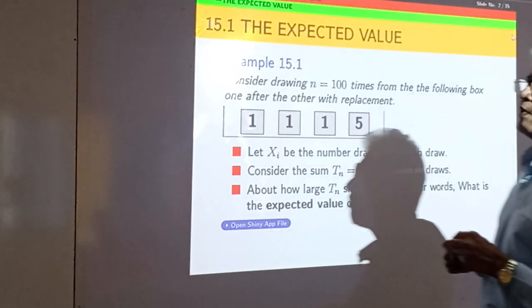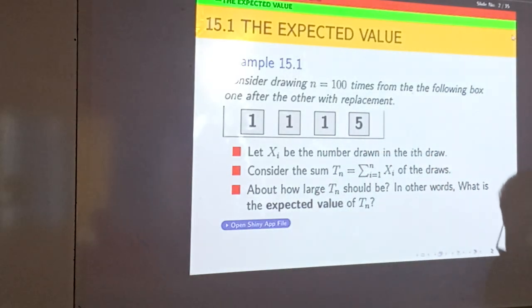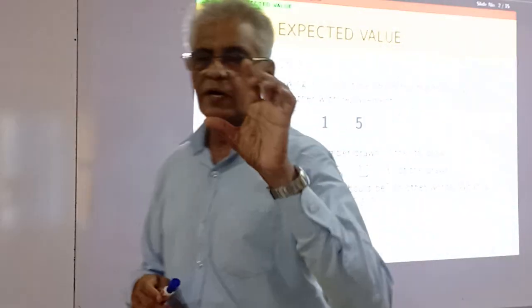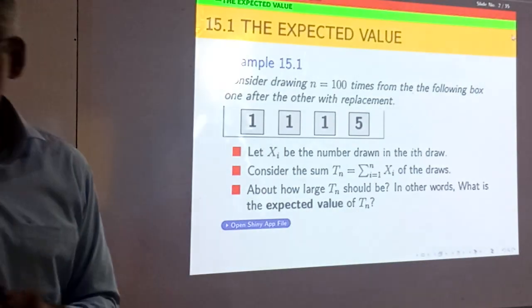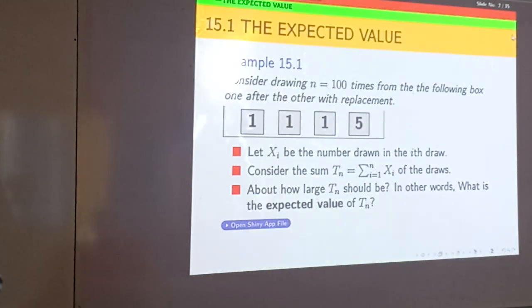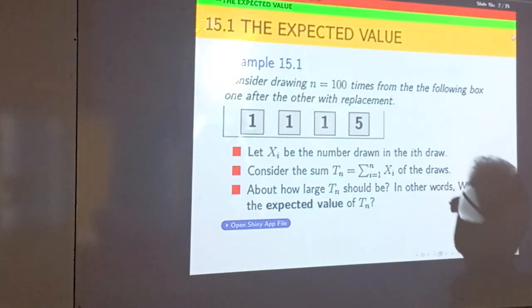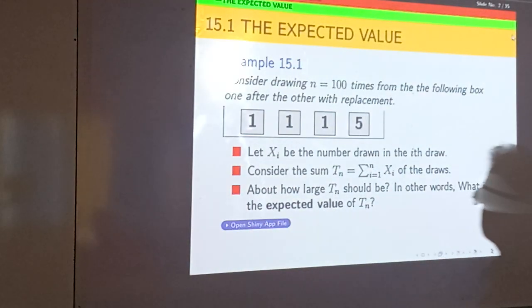So what is the amount value that you expect? That is what I mentioned a few minutes ago. That is the expected value of Tn, and it's not that difficult to understand. The expected value of Tn is going to be n times the mean of the numbers in the box. But the question is, what is the standard error? So in this case, what is the mean? The mean is going to be the sum, which is 8, divided by 4, which is 2.